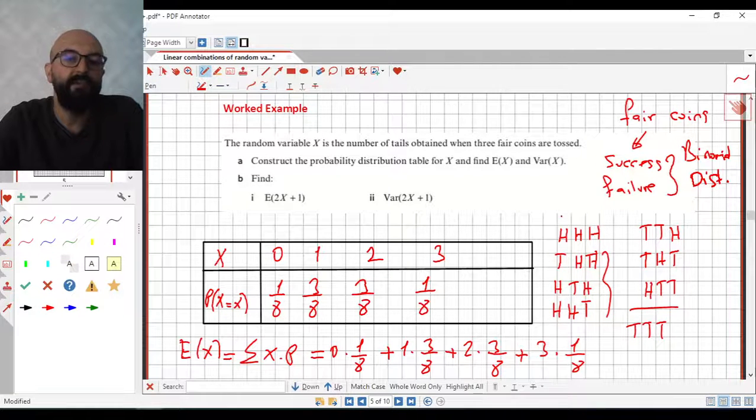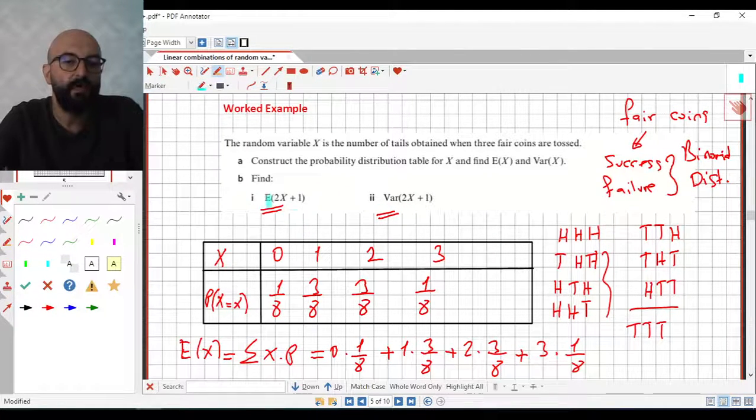We had worked out the expected value and the variance, and we learned how to work out the expected value and how to work out the variance.